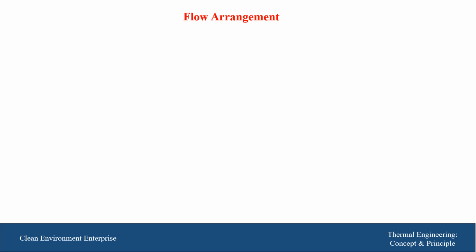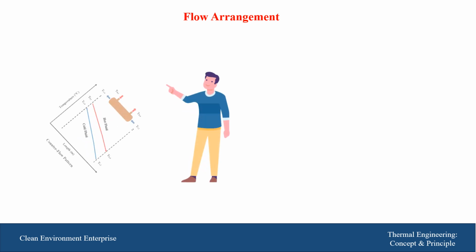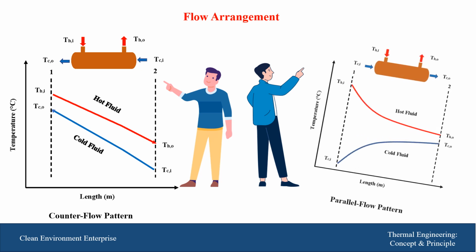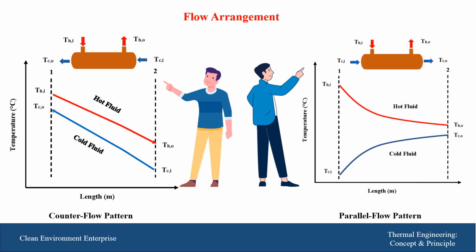So there are two main types of fluid arrangement in the heat exchanger. The first one is called the counter flow pattern, and the second one is called the parallel flow pattern. In the first type, the fluids on the shell side and tube side enter the heat exchanger from opposite ends.